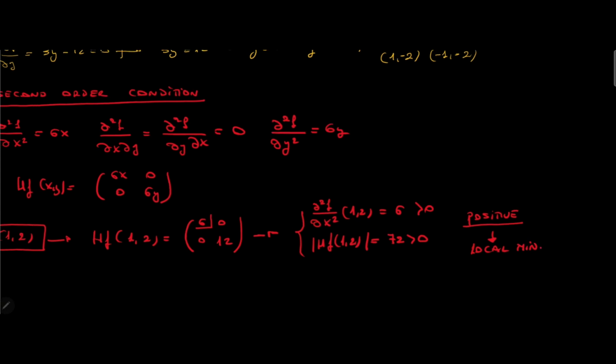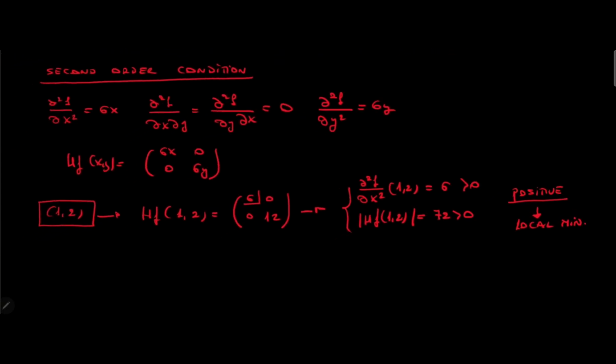And we continue to the next point. Next point is 1, minus 2. Now the Hessian matrix at 1, minus 2 is 6, 0, 0, minus 12.